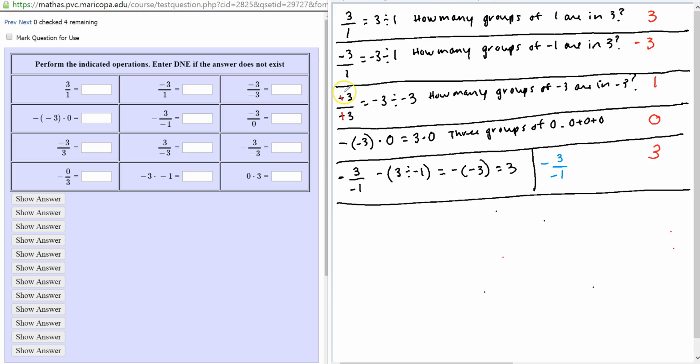So any two negatives will cancel each other out to make a positive, because a negative divided by a negative is positive. And even though this is written as an opposite on the outside, it has the same effect. These two can be canceled. Then we have 3 divided by 1, which is just 3. Now let's look at the next one.